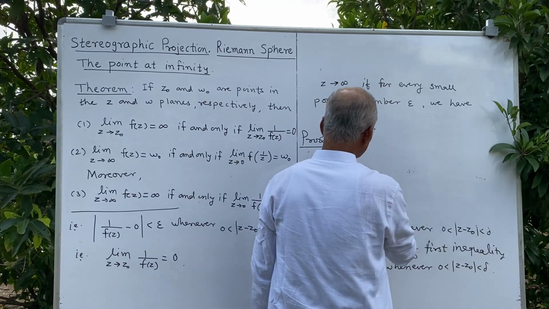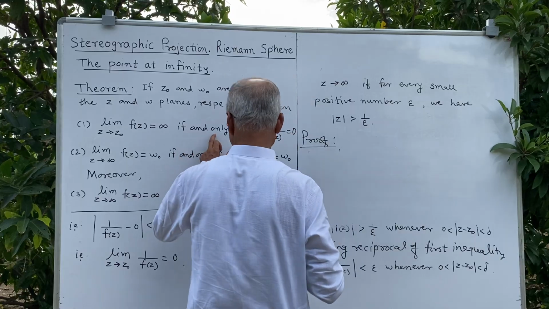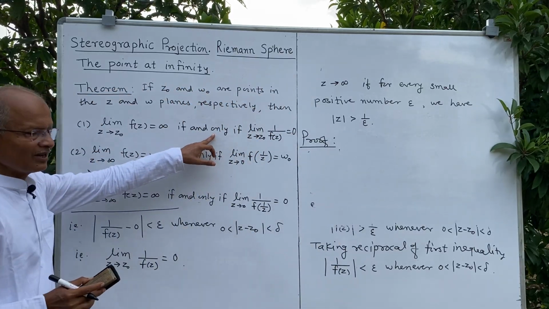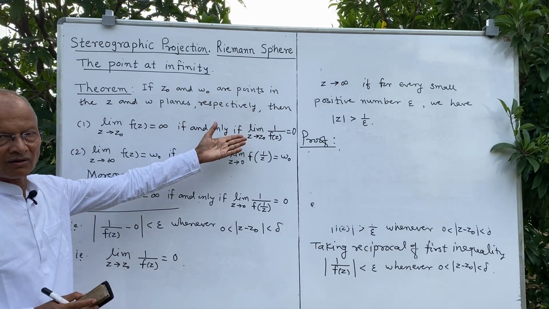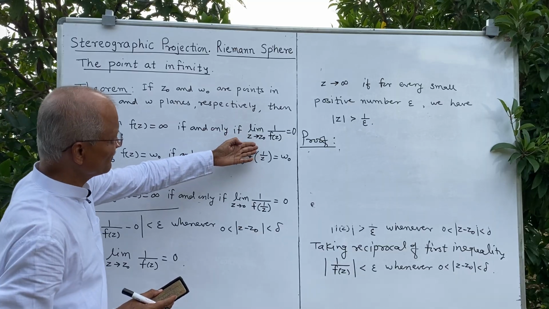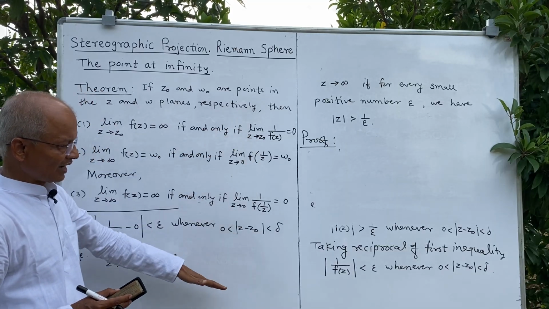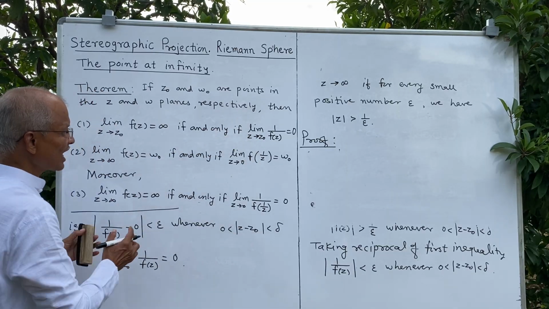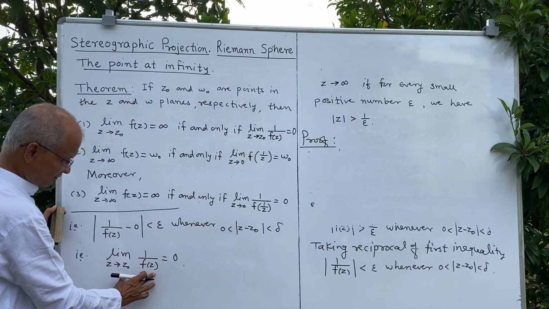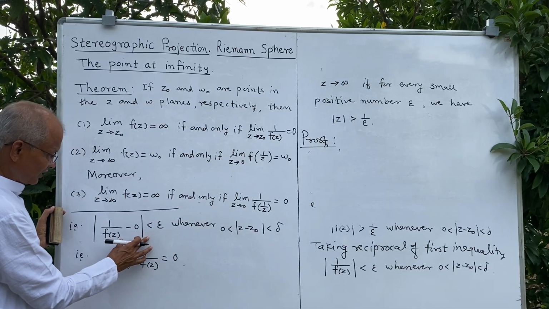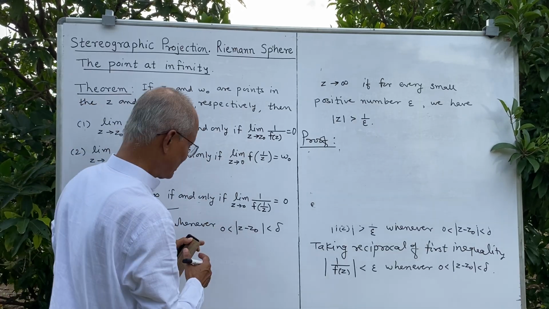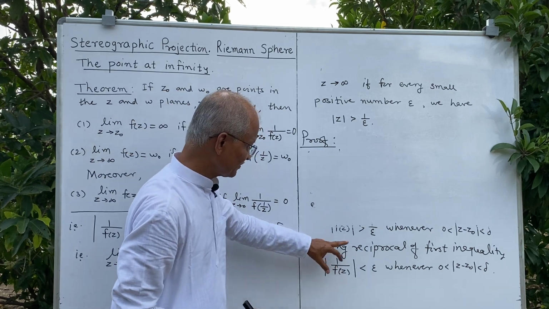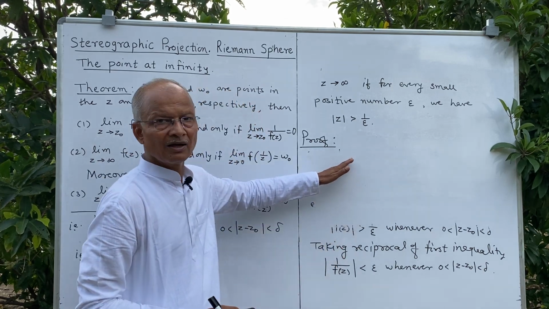As for the if and only if condition, the converse part is obtained, and its proof is written by writing the reverse steps. Start with the limit of 1 over f of z being 0, then we can write this step, then this one, and take the reciprocal of the first inequality, and we will get the first result.